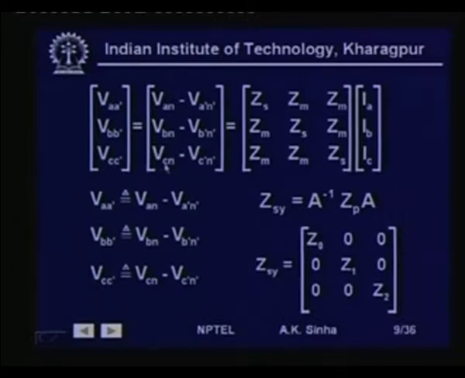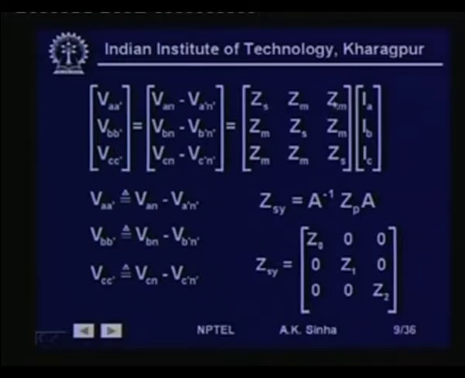VCC dash is equal to VCN minus VC dash N dash, which is equal to Zm into IA plus Zm into IB plus Zs into IC. So, this is how we can write this relationship. We are writing here VAA dash as VAN minus VA dash N dash and so on. Now, this is the impedance that we get for the transmission line in terms of self and mutual impedances.